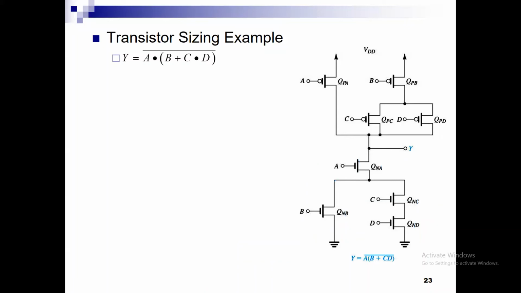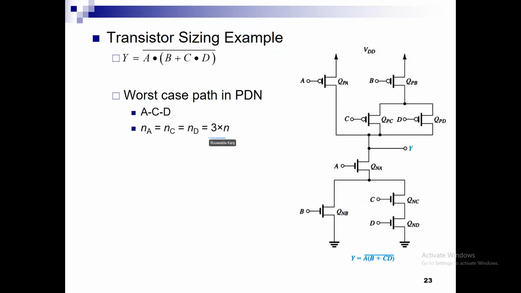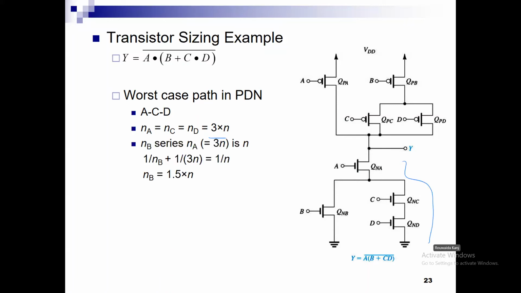Okay, let us see how the slides calculate this. So ACD means all of them have to be 3. Then it says NB is in series with NA, so I have 1 over WB plus 1 over 3N equal to 1 over N, and we find that WB is equal to 1.5N, or W by LB, if N was W by L. Does anybody have any question?